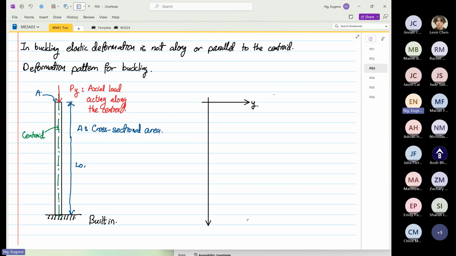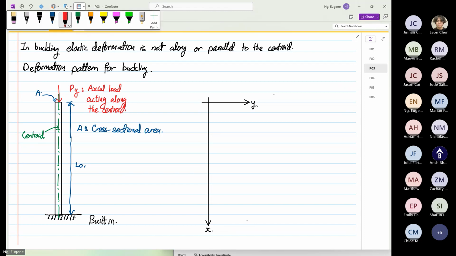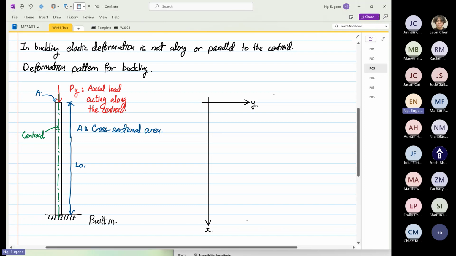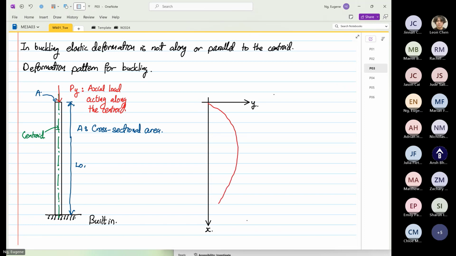This is our x. Then I'm going to sketch in red the deformation pattern. So this is the deformation pattern for buckling. Now this is exaggerated. So this is now our what? Deformation pattern.